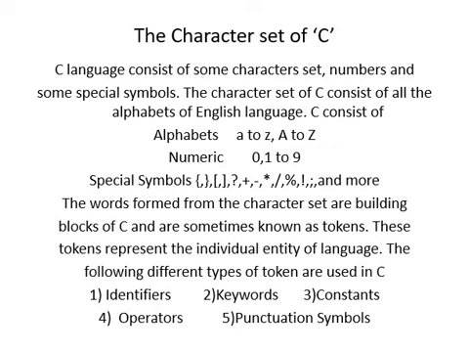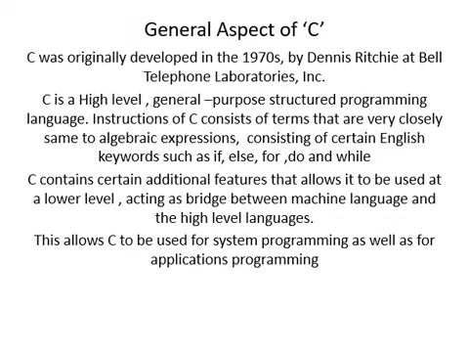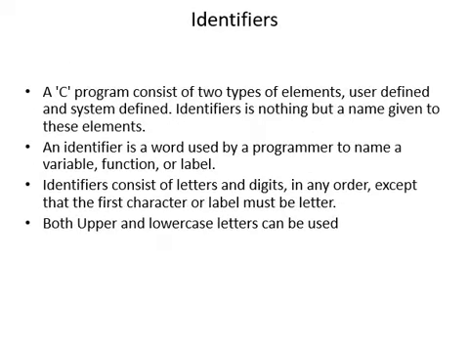The following types of tokens are used in C language: identifiers, keywords, constants, operators, punctuation symbols, etc. With this we can say the basics of C language, which has the capability of a lower level language and also a higher level language, so it can be used for embedded programming, that is system level programming, and application programming like developing GUIs.